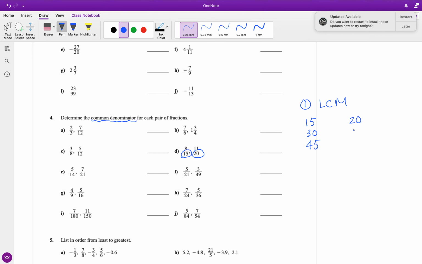So 20 add on to 20, now it's a 40. Well, they're getting closer, but they're still not the same. Now 45, add on another 15, 60. Oh, now here we go. This will add on another 20, and then that is 60. Beautiful. Well, that is their lowest common denominator.